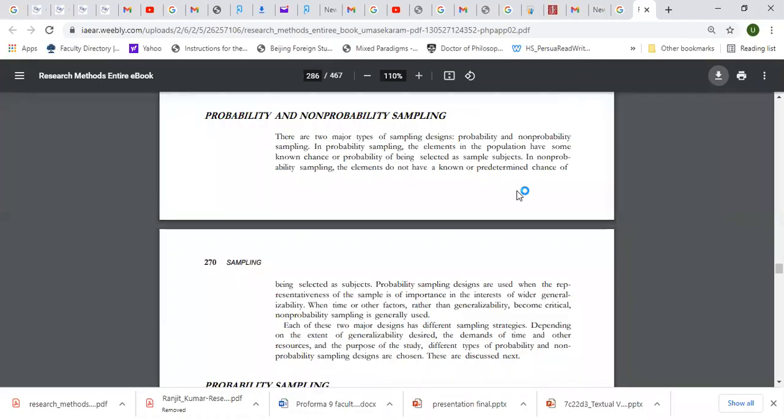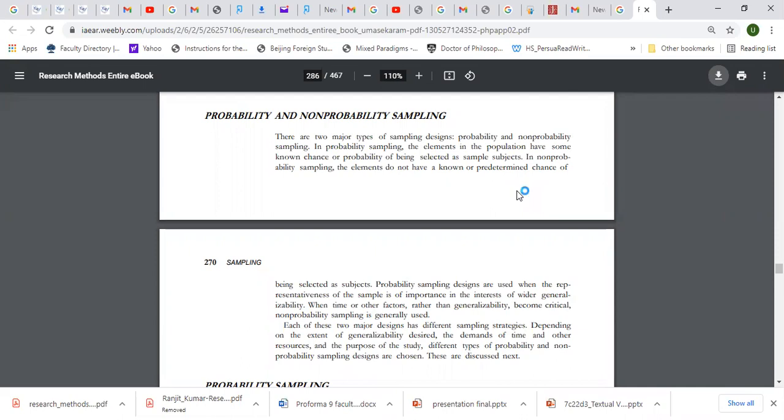There are two major types of sampling. One is probability and one is non-probability sampling, which are further divided into different types. Probability means that each element in the population has some chance of being selected as a sample subject.